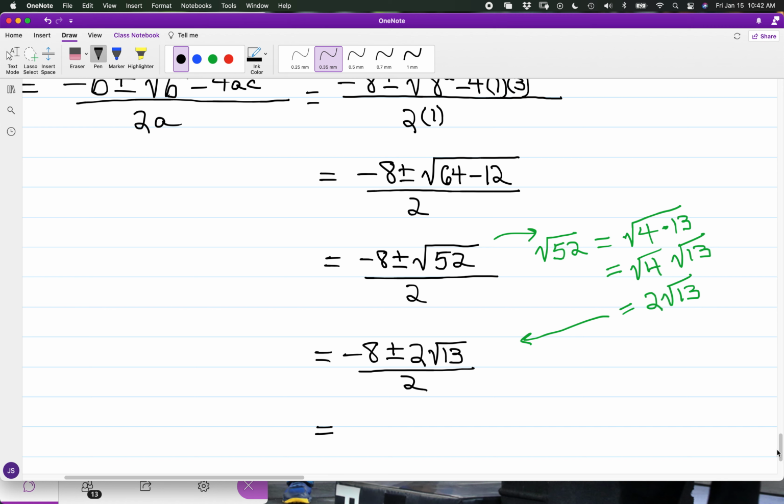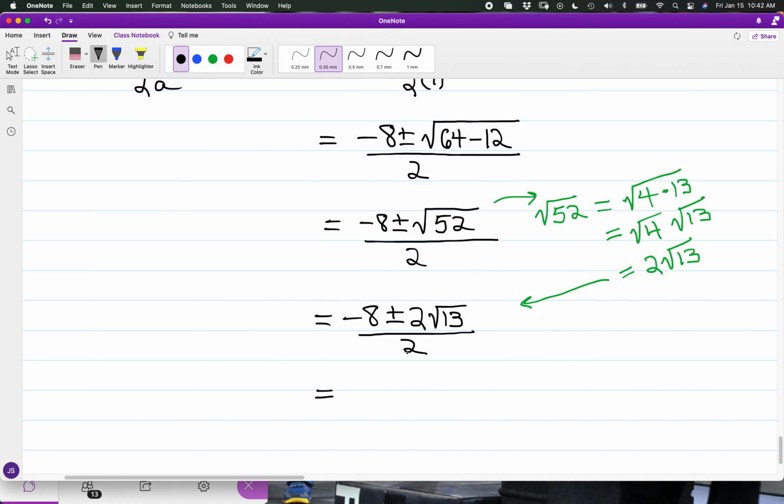And if you notice, we have even valued leading coefficients. So you have negative 8, which is even, and in front of the square root of 13 we have 2, which is even, and the denominator is also even.